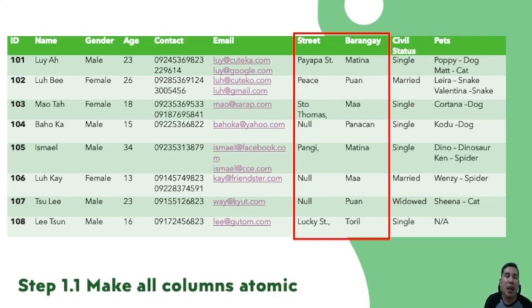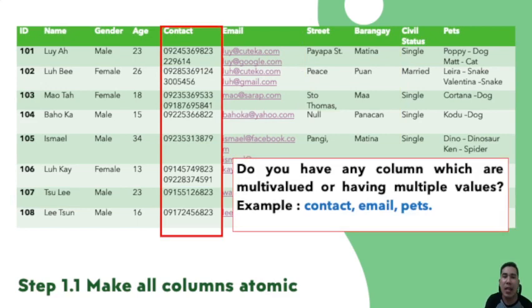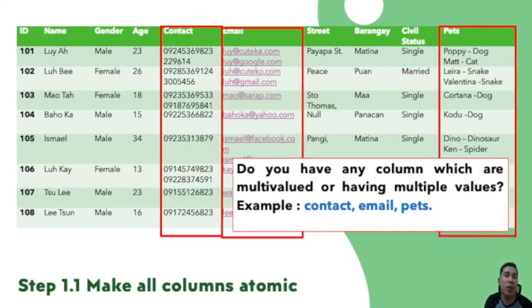Next, we also have fields that have at least 2 values, particularly the contact, the email, and the pets. For ID 101, we have 2 contacts.